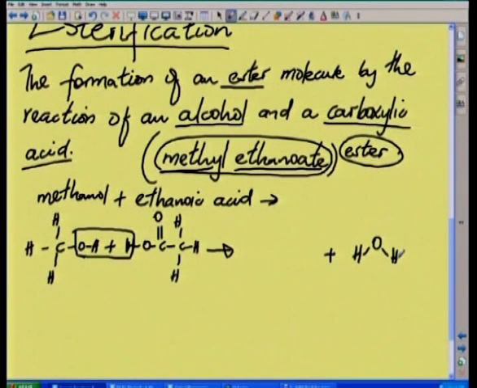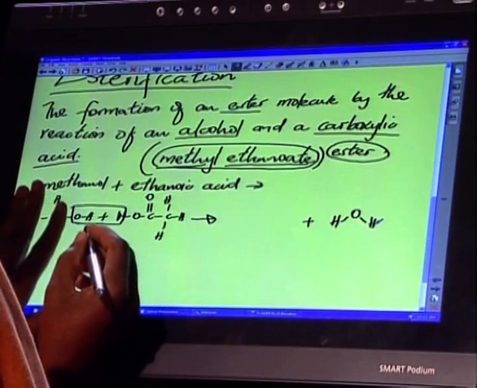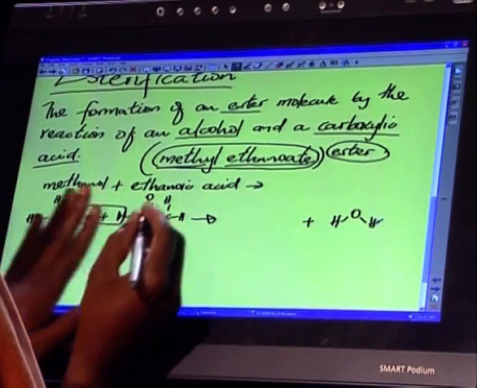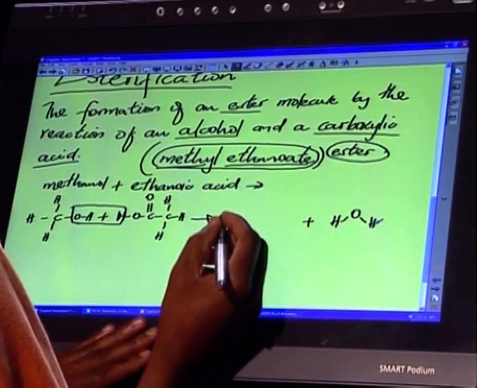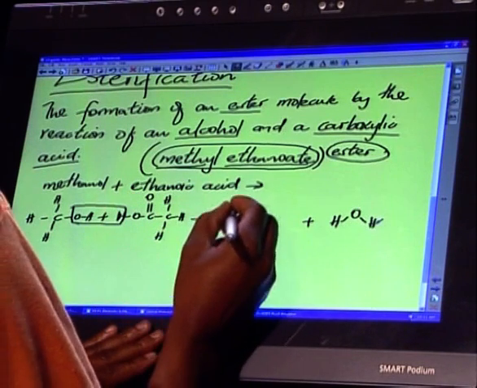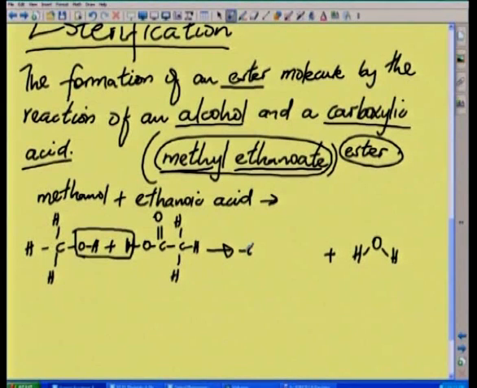Now, the two come together. The methyl group here, which is the CH3, joins together with that part of the acid molecule. So what you're going to have is this. You have that. There is the methyl group. It joins there. There is the OC. Then you've got your double bond there. You've got your other C. You've got your hydrogen, your hydrogen, your hydrogen there.